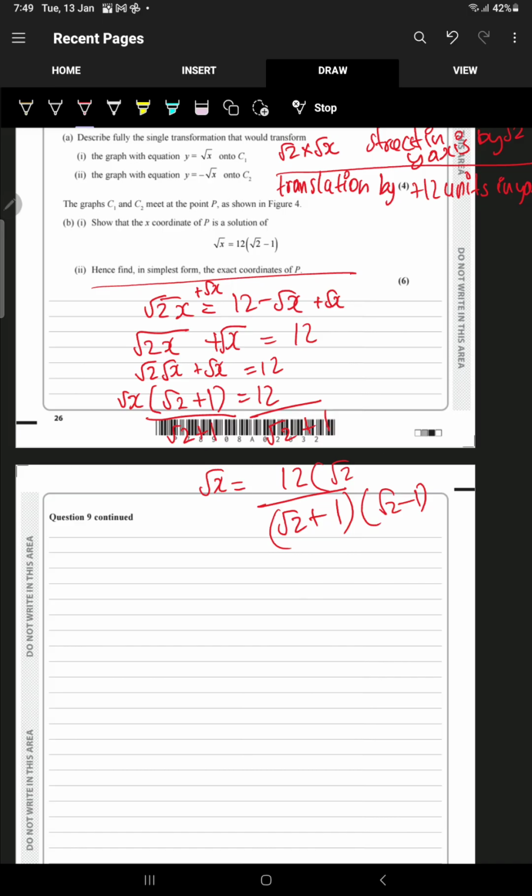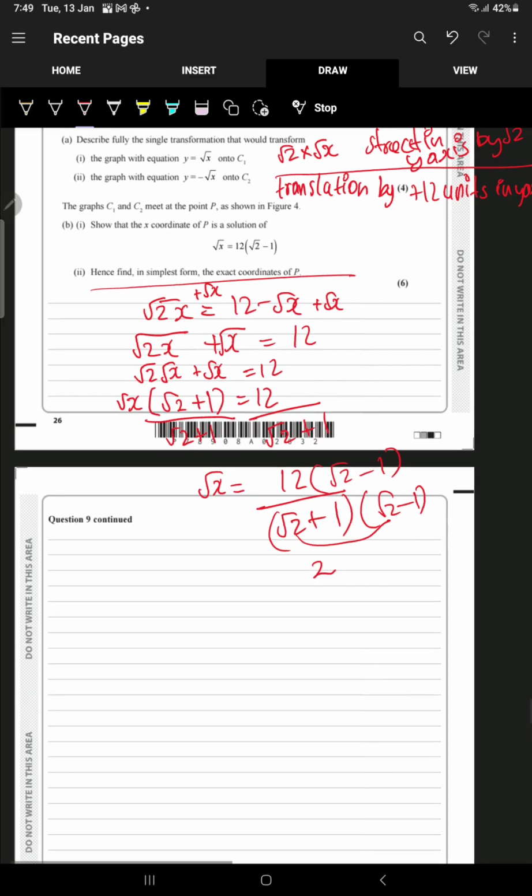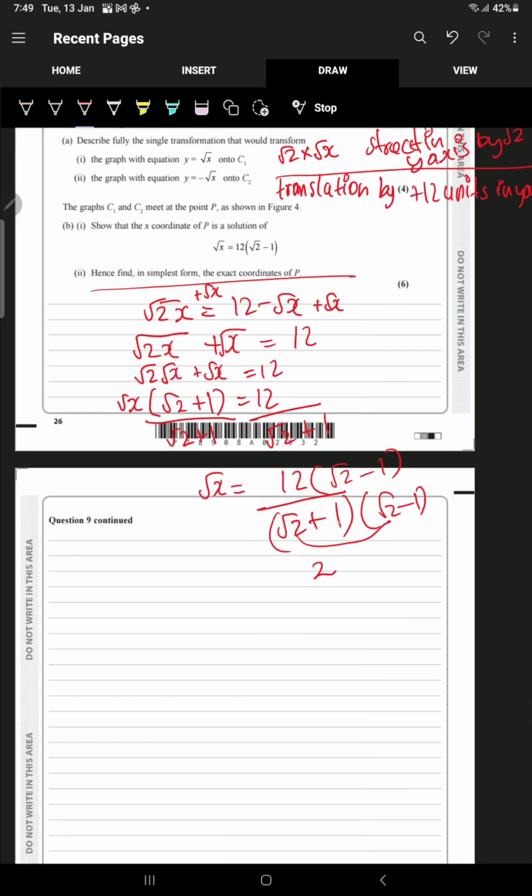Root 2 times root 2 is 2, and this one is going to be minus root 2, and that should come first, and this is going to be minus 1. You multiply this the same way you expand a quadratic. It's the same thing over here.